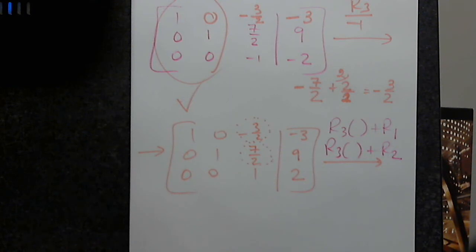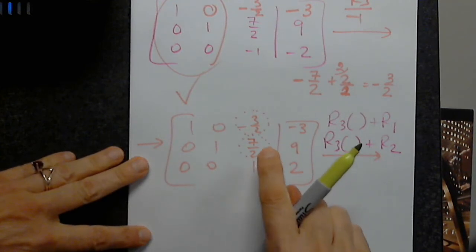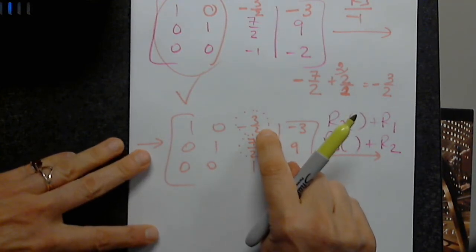Your book does not do these 2 steps in one, and then you have to write like 5 pages. I recommend you do 2 steps in one like we're doing here. Get the zeros corresponding to the column in 1 step. Okay, so what do I multiply 1 by and add it here to get a 0?